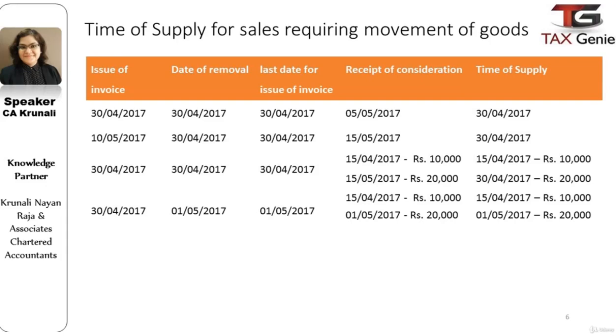And for the case where the payment was received on 1st of May 2017, the time of supply would be the last date of issue of invoice, that is 1st of May 2017.